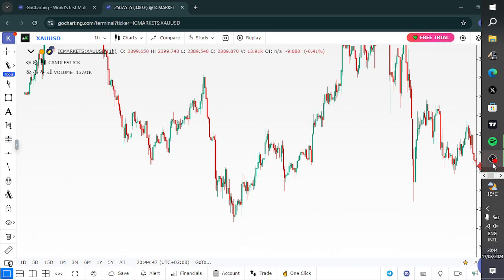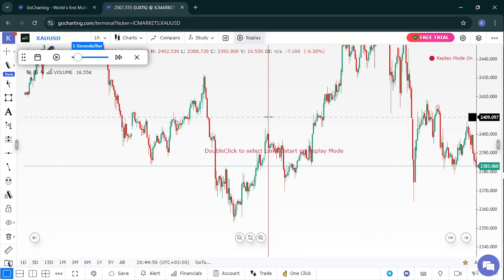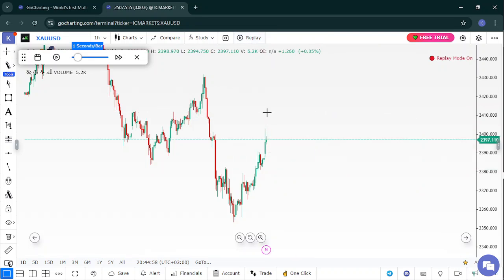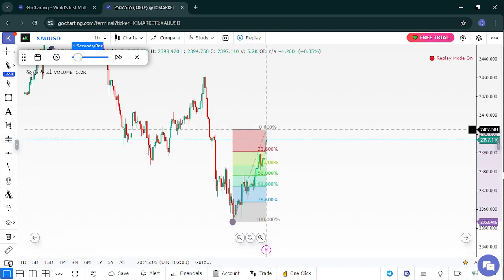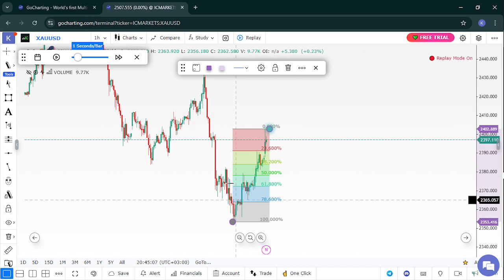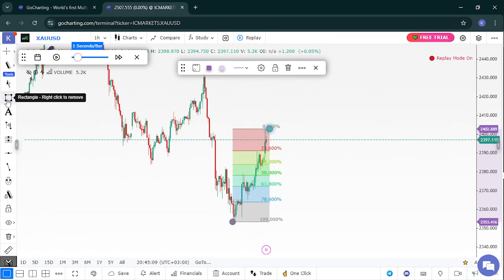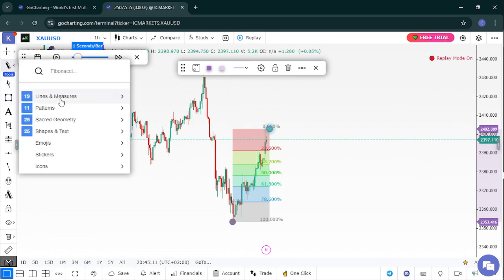So guys, this is gold, and it is used at this point. So let's check that point, place our Fibonacci retracement. This is after the price has just completed changing the character.